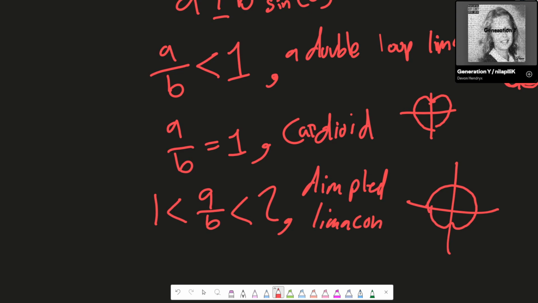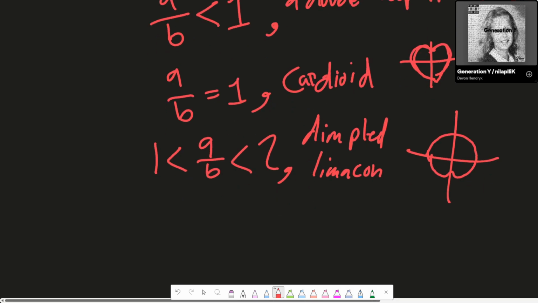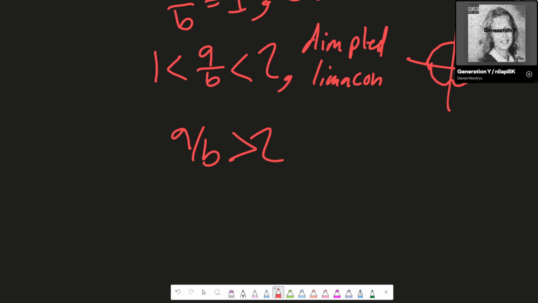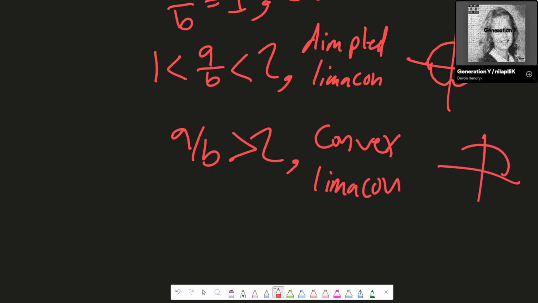So it's not like a heart. The heart is like a heart. This is more or less just a little imperfection. And then when a over b is greater than 2, you would have a convex limaçon, which really just looks like a circle, hardly imperfect. That's the gist of it.